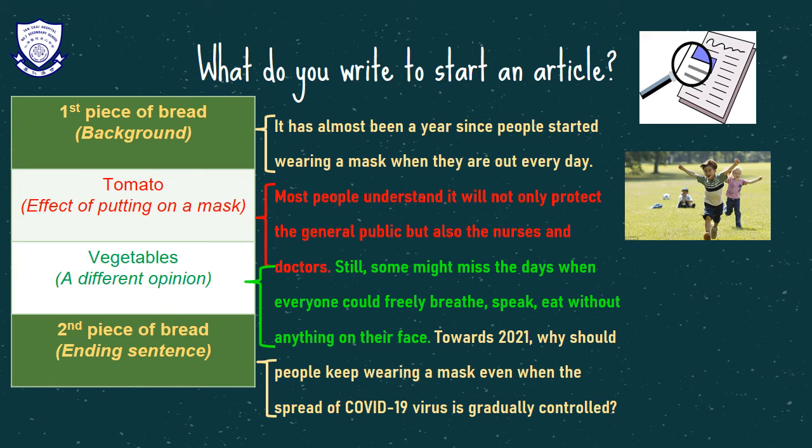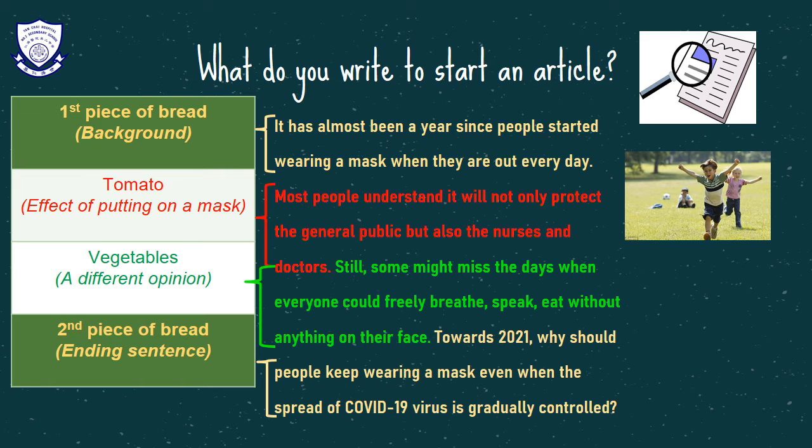This red sentence is about the effect of putting on a mask, not just individuals, but members of the community. And then the sentence in green, still, some might miss the days when everyone could freely breathe, speak, eat without anything on their face.